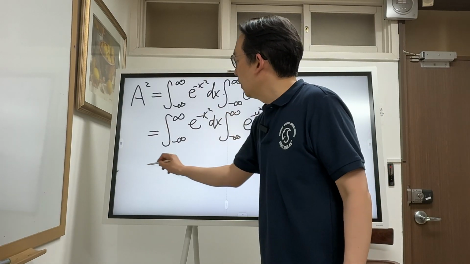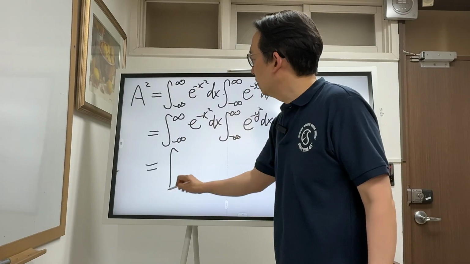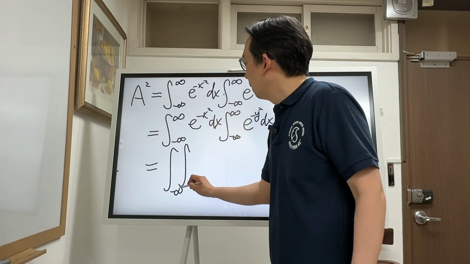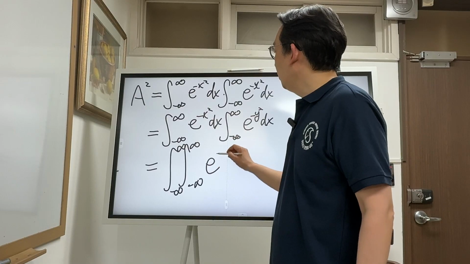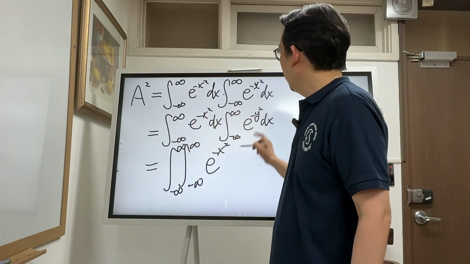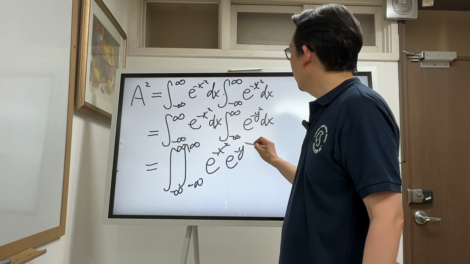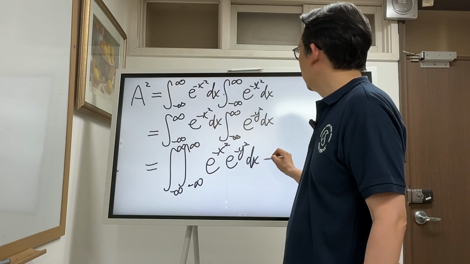Then we know this is nothing but a double integral of e to the power of minus x squared and e to the power of minus y squared dx dy.